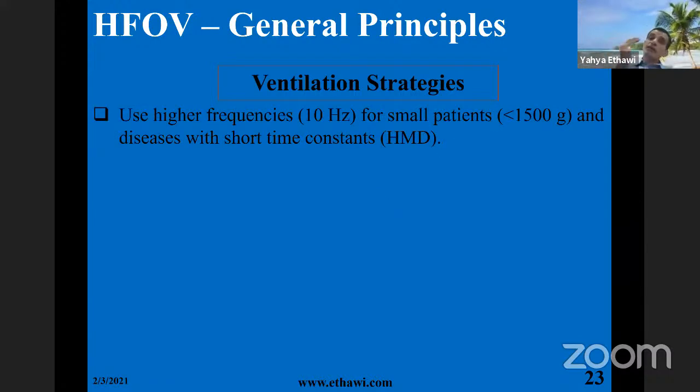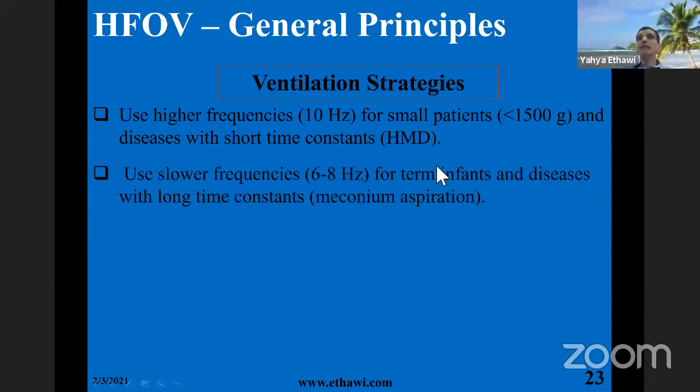So we start on conventional. We have a conventional mean airway pressure, let's say 12. Then we put the mean airway pressure of the high frequency at 13 or 14, which is 1 to 2 centimeters above the mean airway pressure on conventional. And then we select the frequency. Now the smaller the baby, the higher the frequency should be.